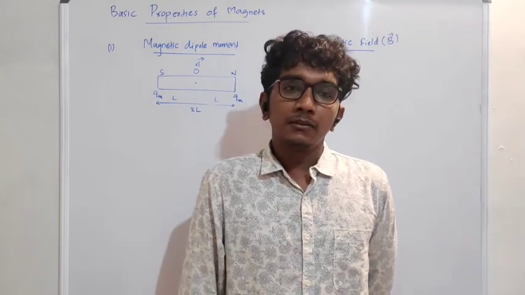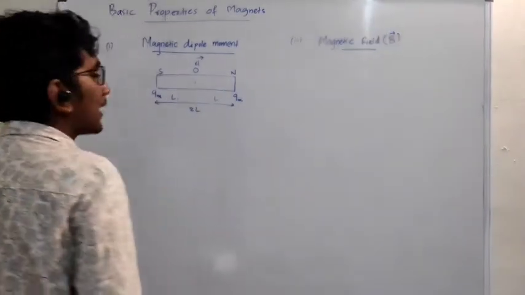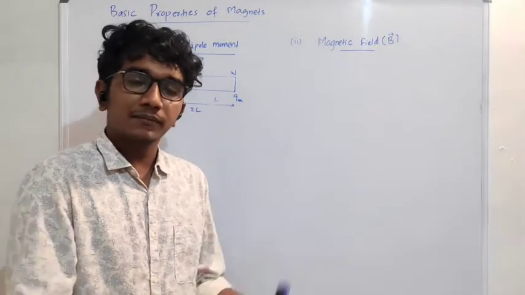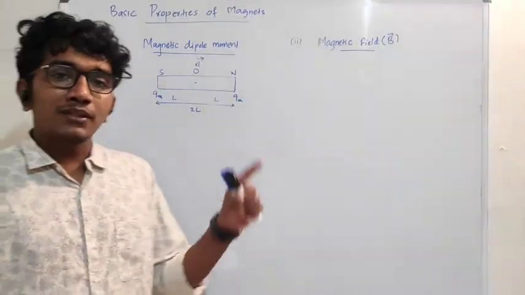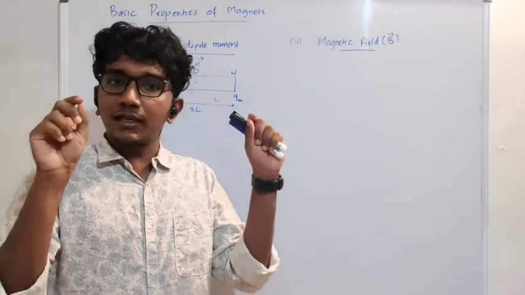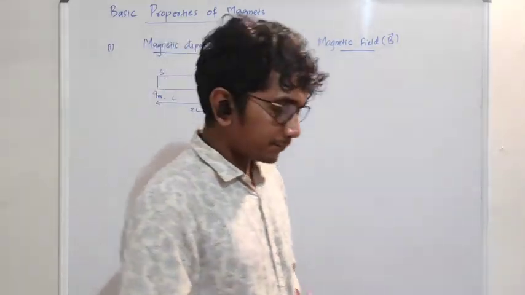First of all, we are going to discuss magnetic dipole moment, or simply magnetic moment. Do you remember what electric dipole moment was? When there were two charges, plus q and minus q, there was a dipole moment between them.